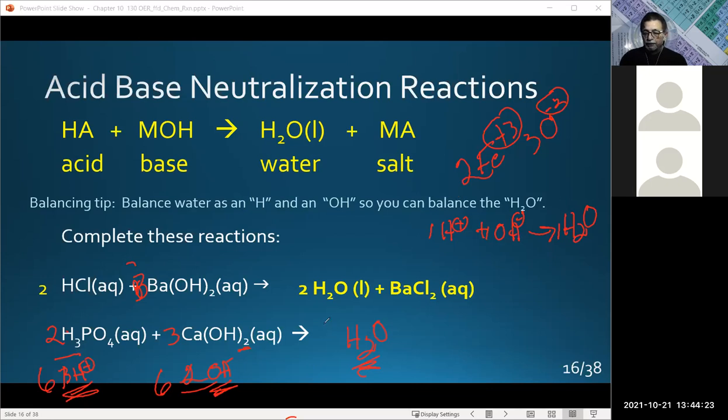So here, we will create 6 molecules of water. Okay. And guess what? We have the protons and at least some of the oxygens balanced. I say some because the phosphates come into play.